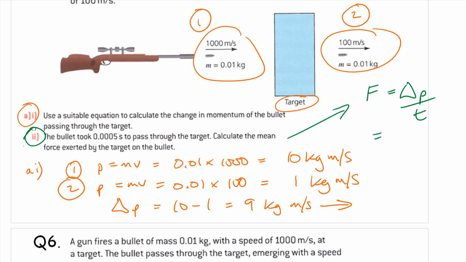The change in momentum was 9. The time was 0.0005 seconds, and that gives us a mean force exerted by the target on the bullet of 18,000 newtons or 18 kilonewtons.